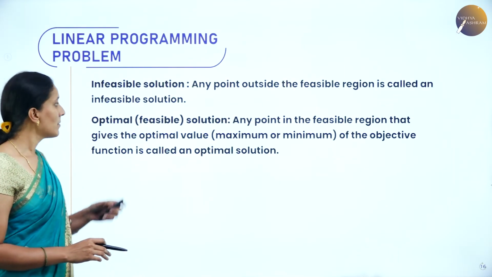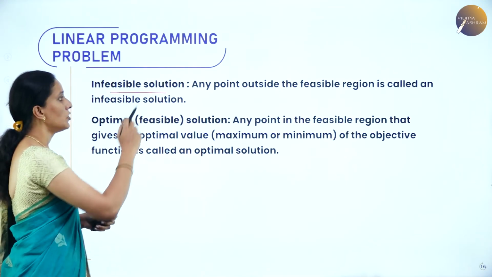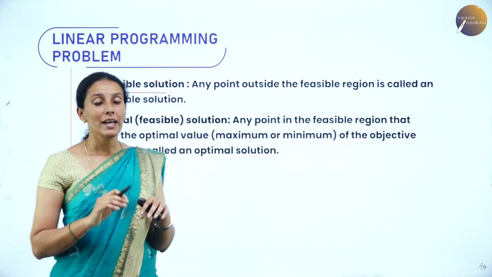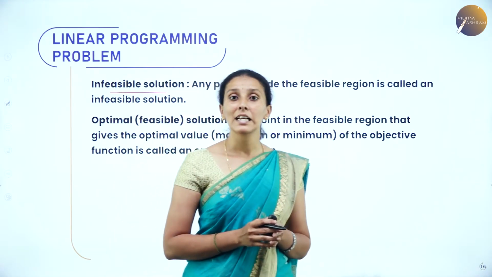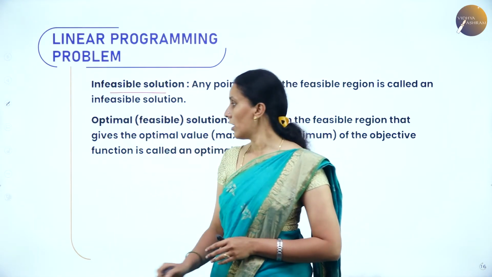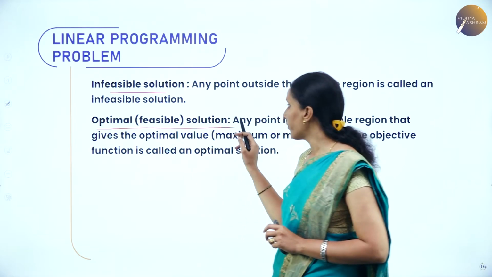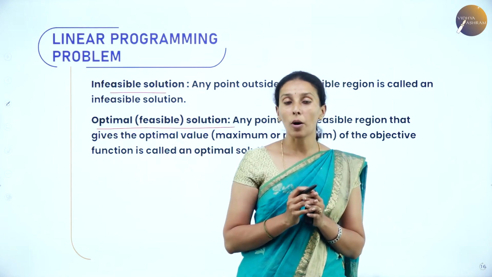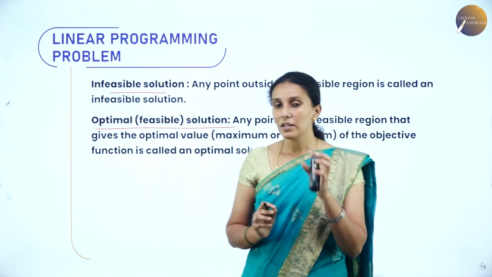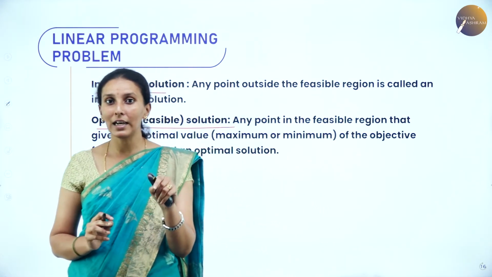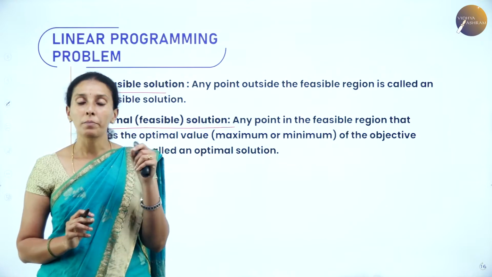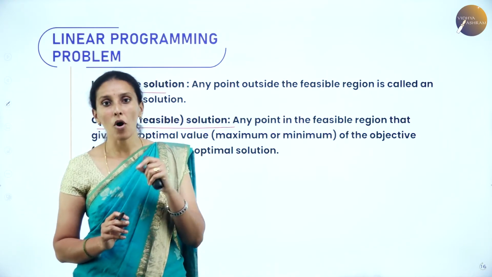The next thing is infeasible solution. What is this infeasible solution? Any point outside the feasible region is considered an infeasible solution. Next, optimal solution. What is this optimal solution? An optimal solution is a point for which you will get the optimal value, and the optimal value may be maximum or minimum.